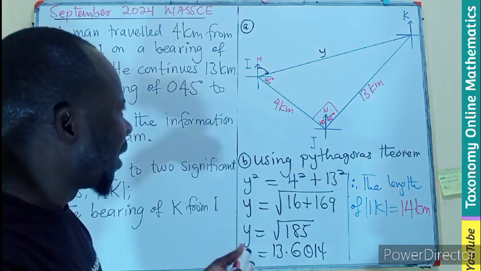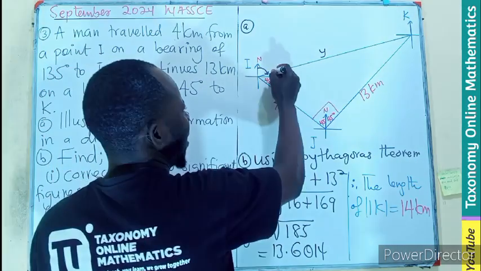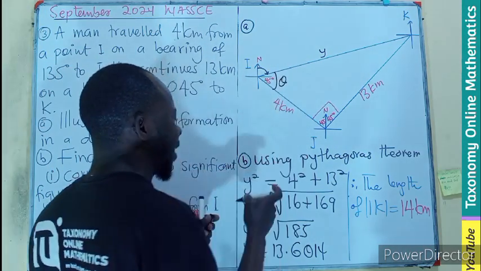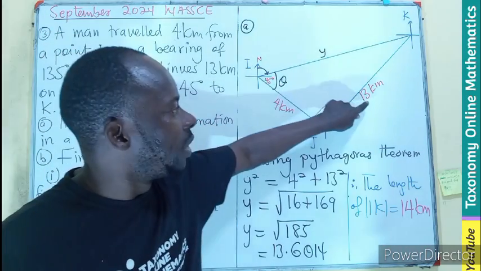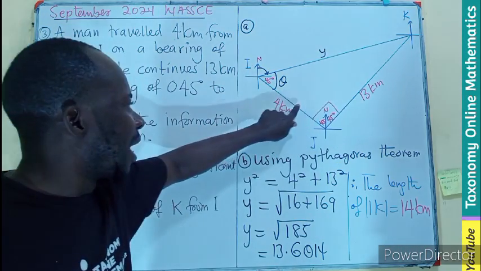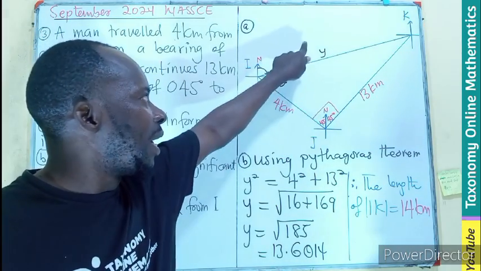So now, let's just say this angle is indicated with theta. So this angle is opposite to the 13, and 4 is the adjacent. Here is the hypotenuse.